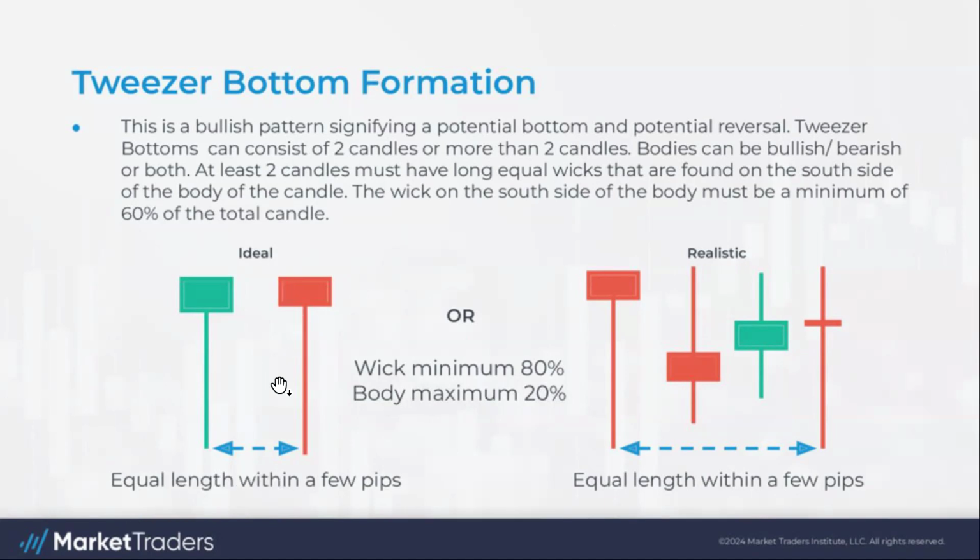See, for this tweezer, look at the key takeaway. You see where the wick of the candle is. I see where the wick of this one is, the green one, and then the red one. Okay, that's the critical thing. We want to see that the two candlesticks they are coming from like the same zone or the same area.